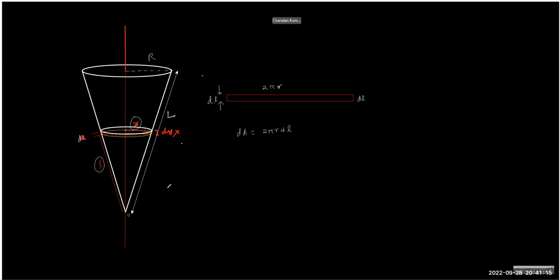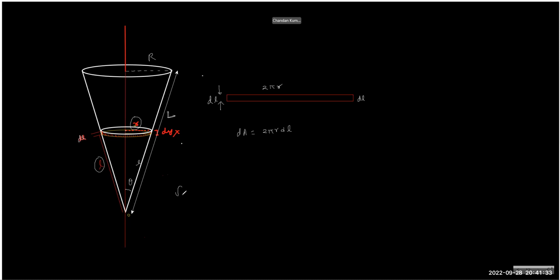Let's call it capital L, because I've taken l as a variable. So what is the relationship between small r, small l, capital R and capital L? You can use the similar triangle, or you can use the sine theta relation. It's the same thing. So this is small l.